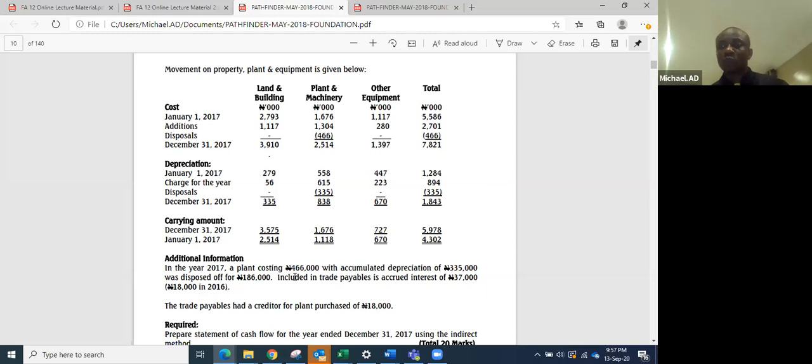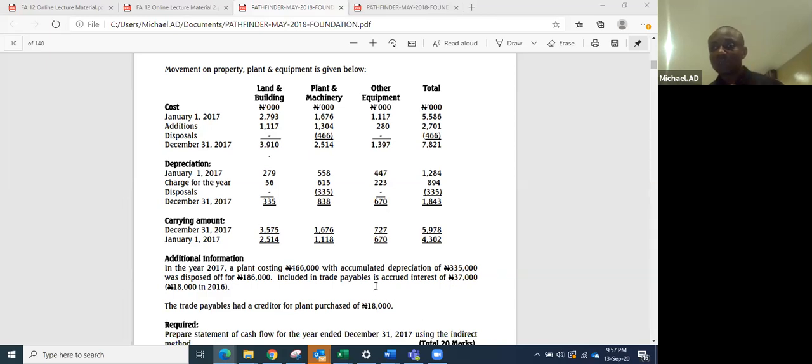I didn't see this. So here, included in our trade payable is accrued interest of 37,000. Accrued interest of 37,000, 18,000 in 2016. So this has actually increased.